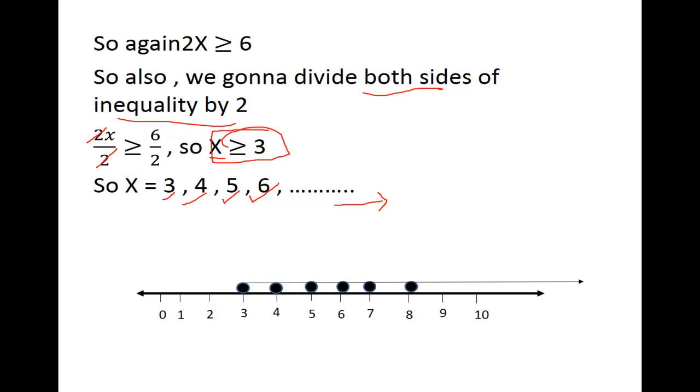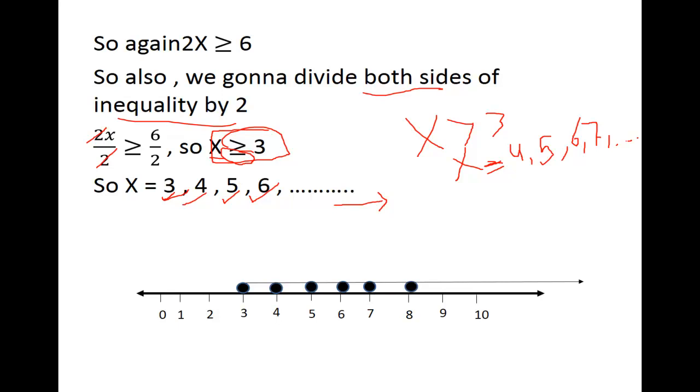But do we take 3 as a solution also? Yes, because we have an equal sign. So we take 3 as a solution too. But if we have x more than 3, the solutions start from 4, 5, 6, 7, and all the numbers after.